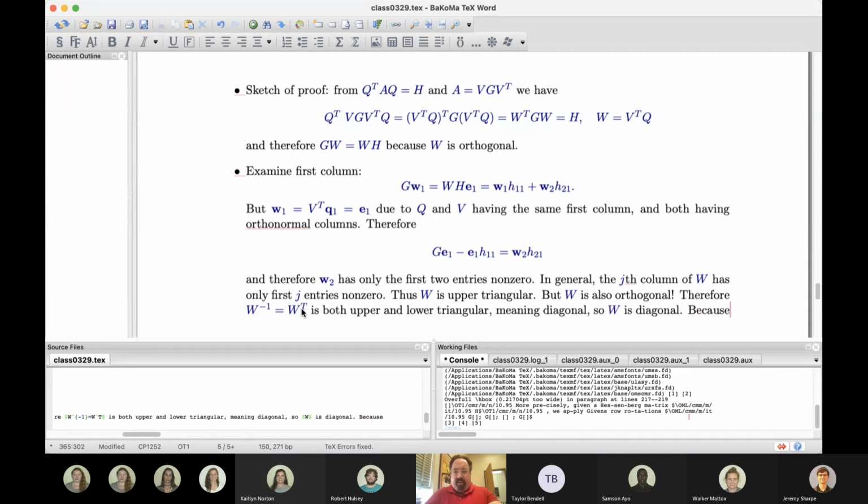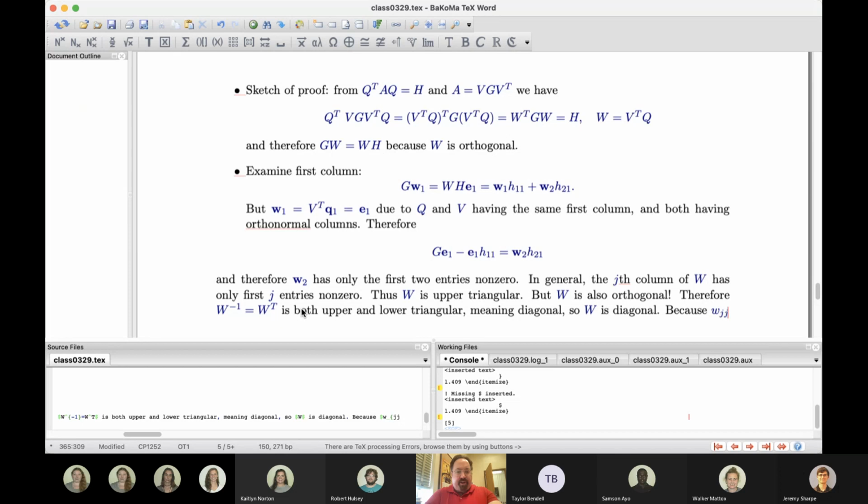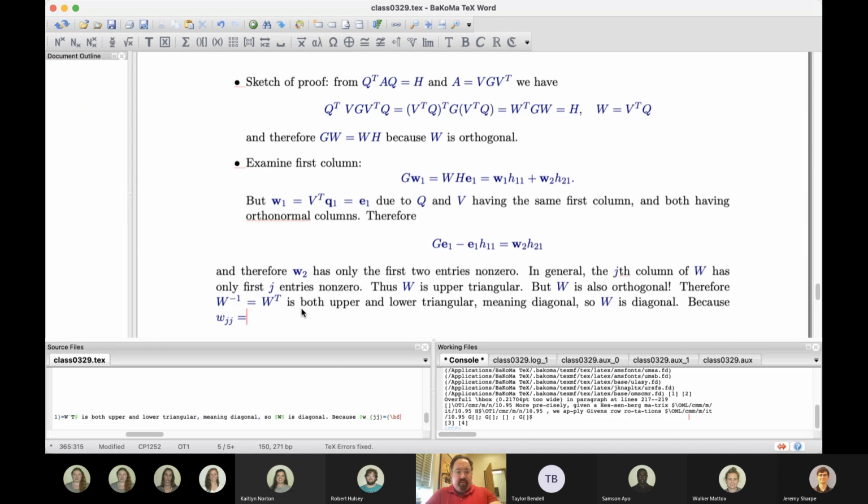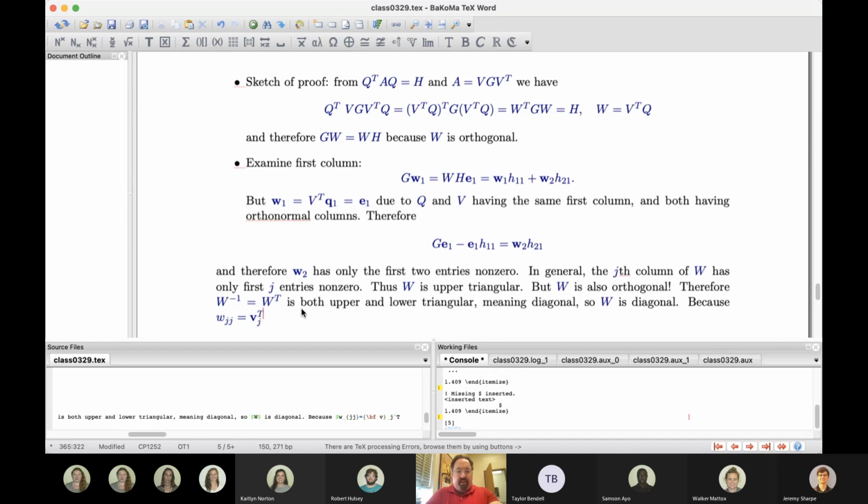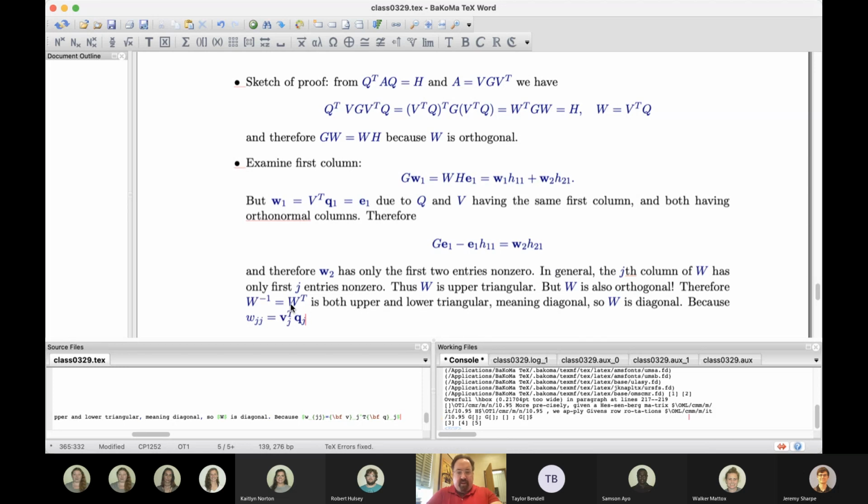Now, each diagonal entry of W is a dot product of column V and column Q, but these are unit vectors. Okay.